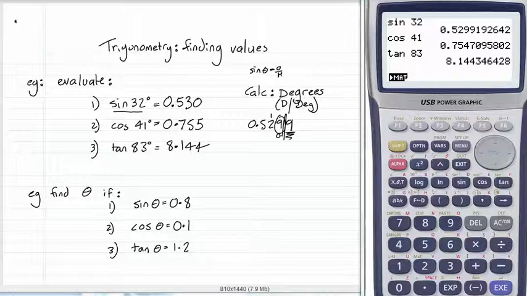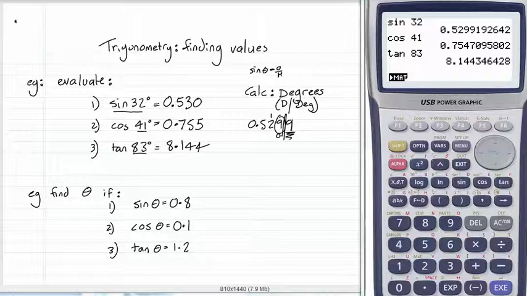Now all those were asking us is, if I had a triangle with 83 degrees or 41 degrees and it was a right angled triangle, what would the ratio of the sides be if I did cos, adjacent over hypotenuse, or tan? But since we don't have the triangle, we're just finding out the ratio. Easiest question ever.